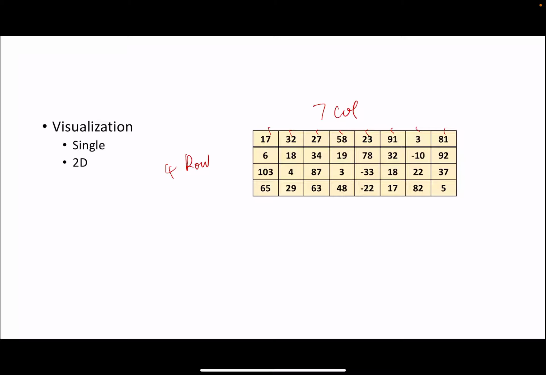But sometimes they may have different columns. For example, here maybe they only have this number of columns, and the second row they may have 7. Then you go back to the third row, they may have something like this. So it's not fixed.